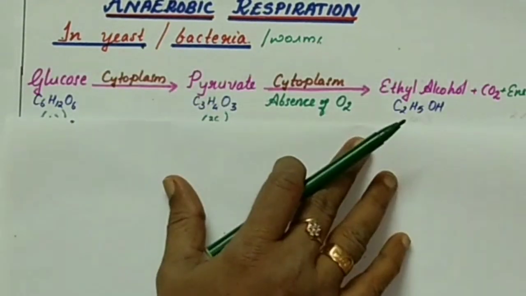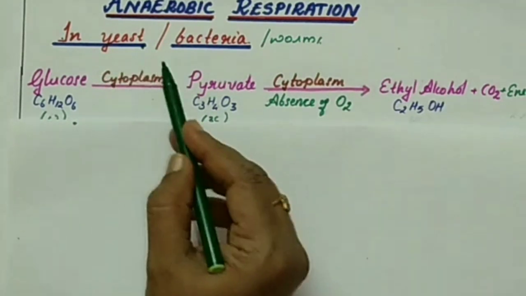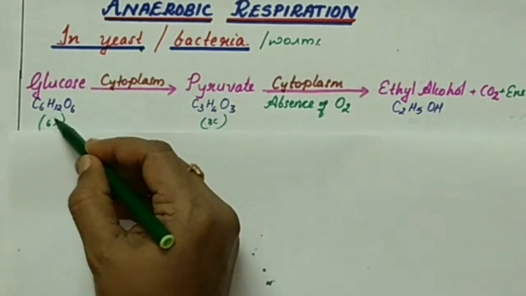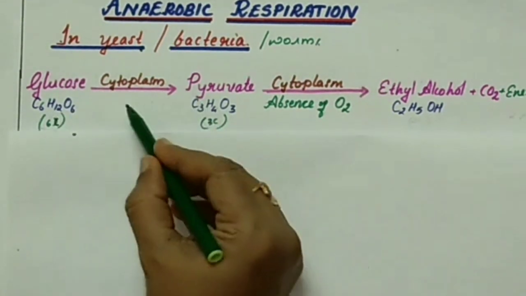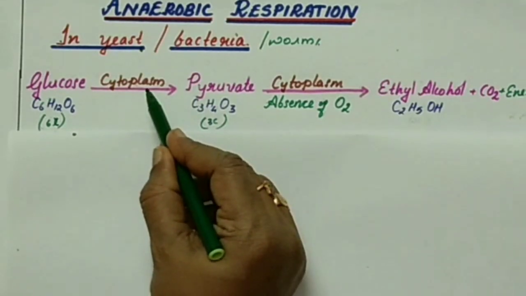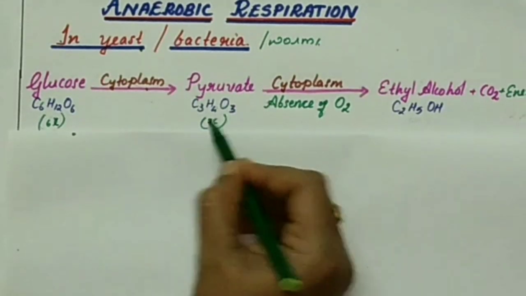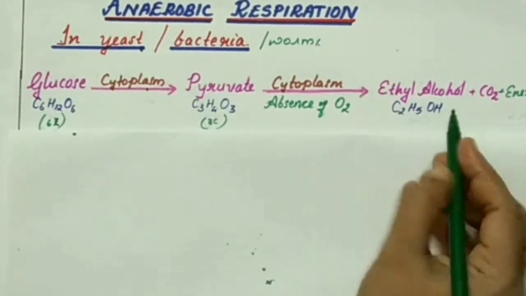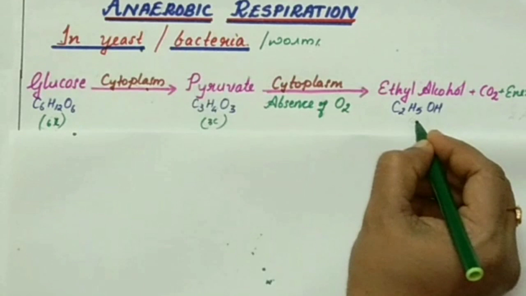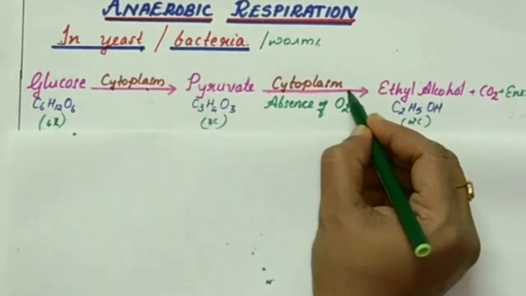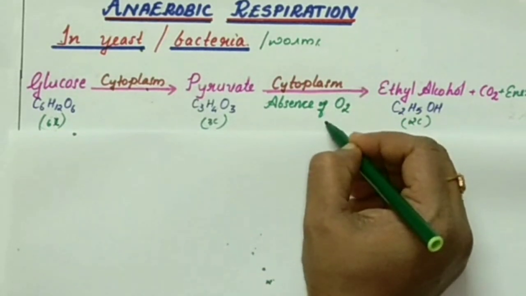So, for example, in yeast, the glucose, a 6-carbon compound, breaks down into pyruvate in the cytoplasm, and this pyruvate, a 3-carbon compound, breaks down into ethyl alcohol or ethanol, which is a 2-carbon compound, in the cytoplasm itself in the absence of oxygen.